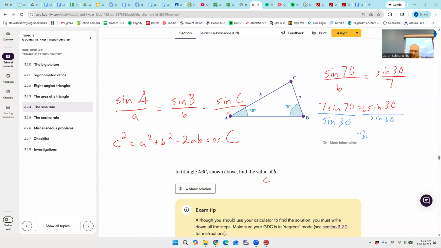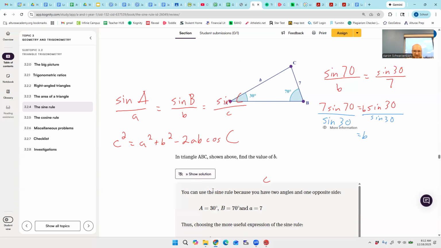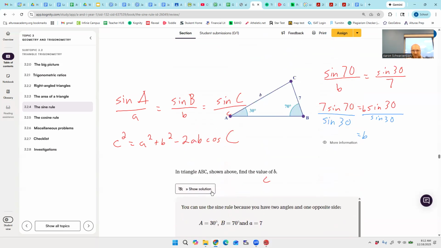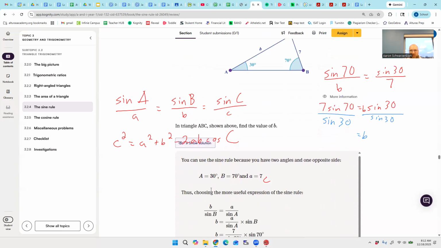And we get B equals, I'm going to look up the answer to save the time on sticking it into a calculator. 13.15. So 13.2, 3 sig figs. It does not have any units, so we're done.